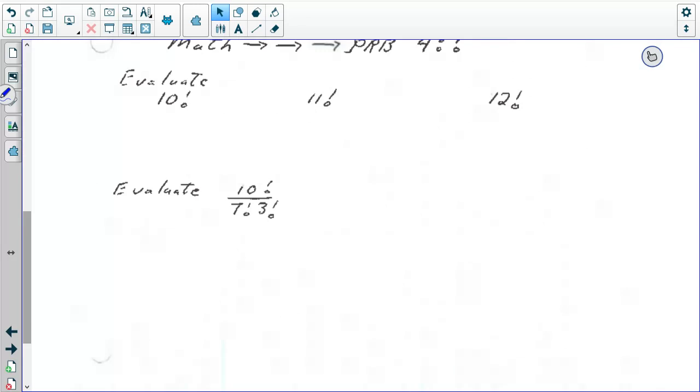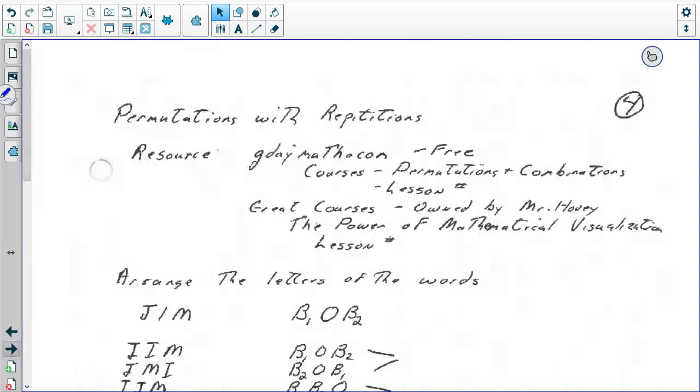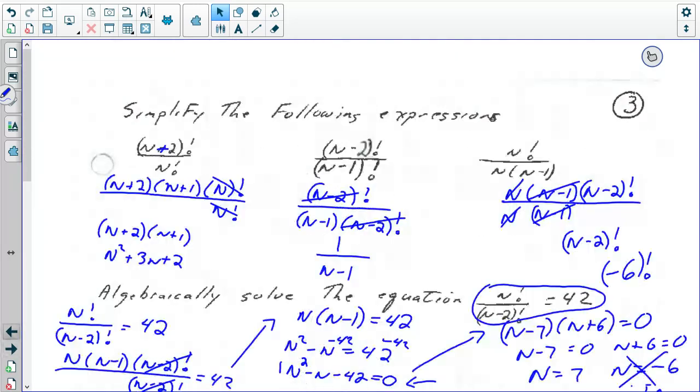We started last week. Okay, got them all written down.